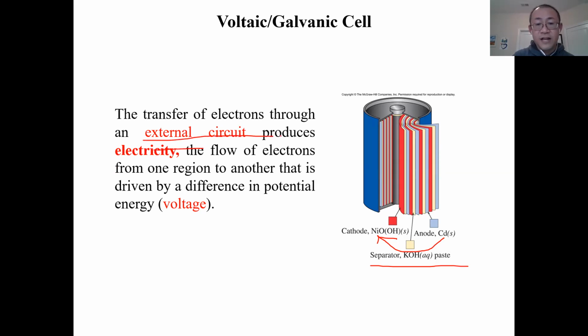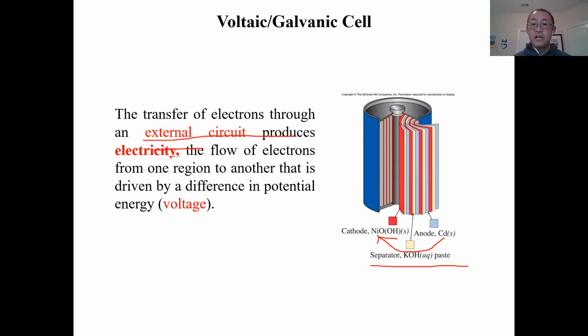That transfer of electrons through the external circuit actually produces electricity, because you're talking about the flow of electrons from one region, all the way outside, to another region of the battery. That's how electricity is produced, through external transfer of electrons, but still from one substance inside the battery to another.